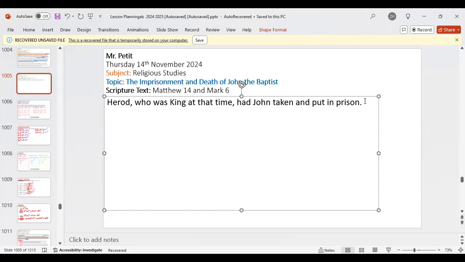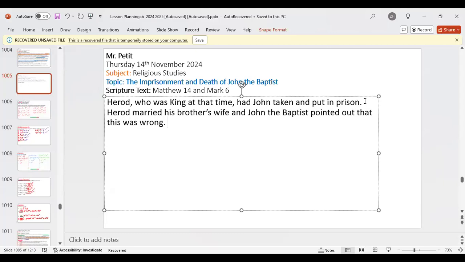So Herod had married his brother's wife, and John the Baptist pointed out that this was wrong. Adultery. It was wrong to do.